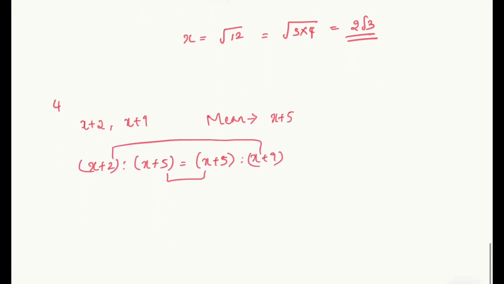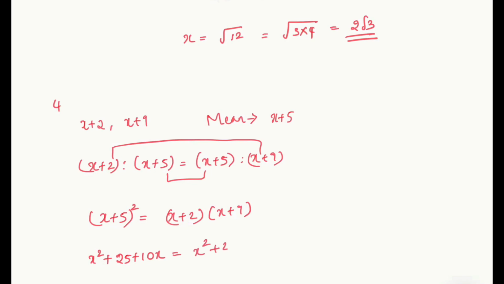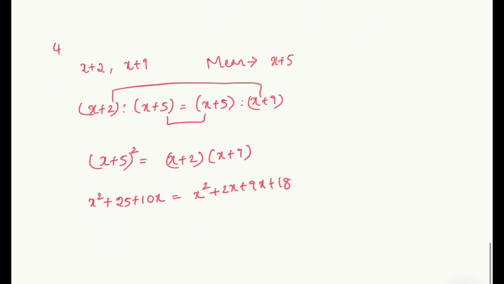So x plus 5 the whole square equals x plus 2 into x plus 9. So x square plus 25 plus 10x. We are using the a plus b whole square formula. x into x, x square plus 2x plus 9x plus 18. x square and x square are getting cancelled.